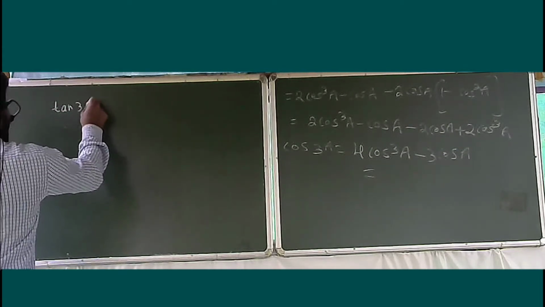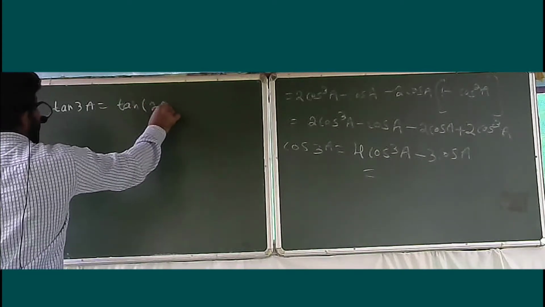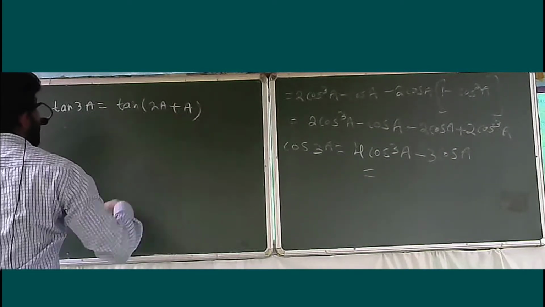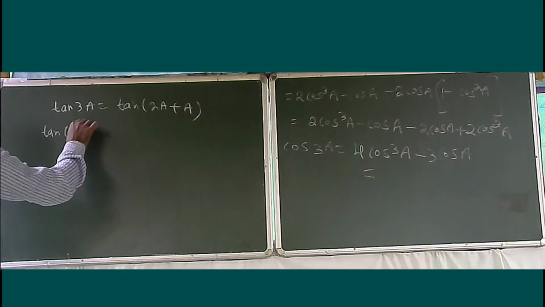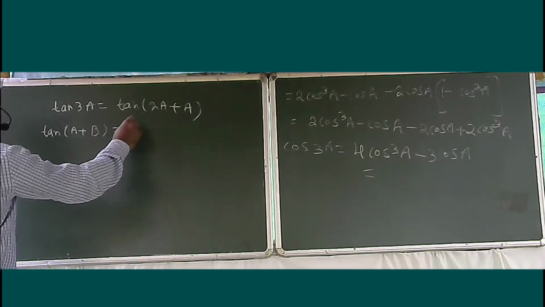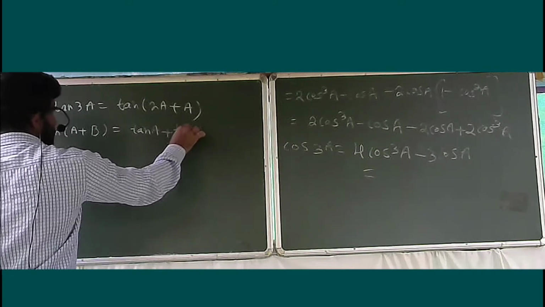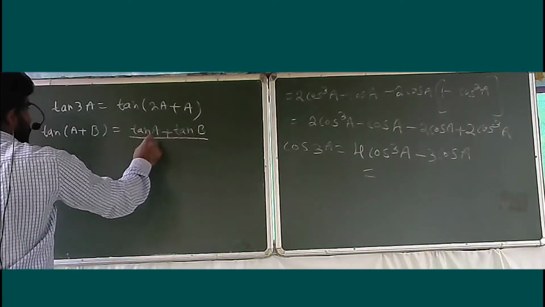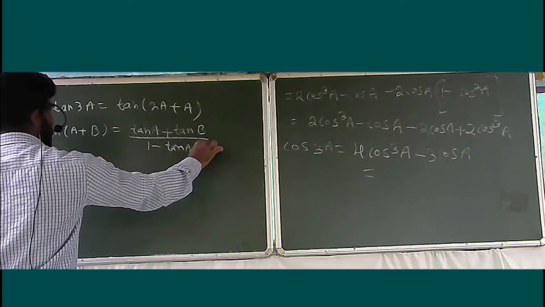Tan 3a can be written as tan of 2a plus a by the compound angle property. And we have the formula tan of a plus b is equal to tan a plus tan b divided by 1 minus tan a into tan b.